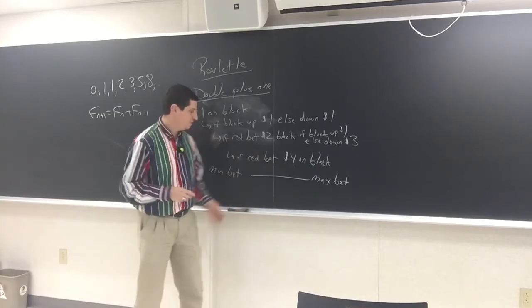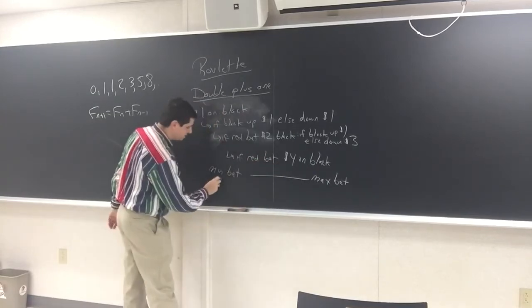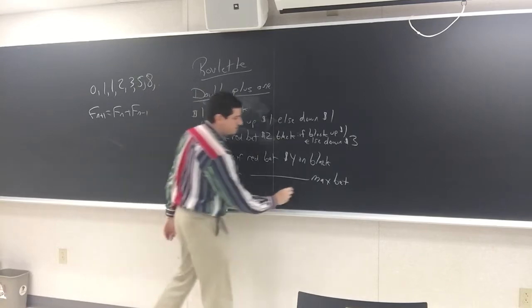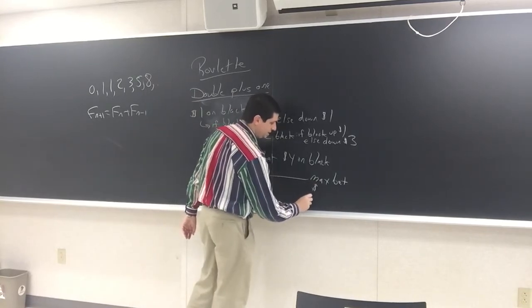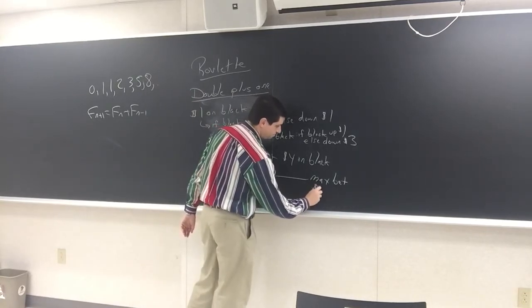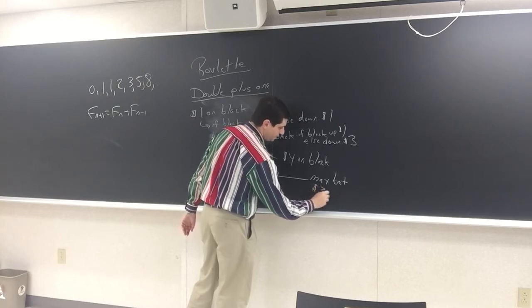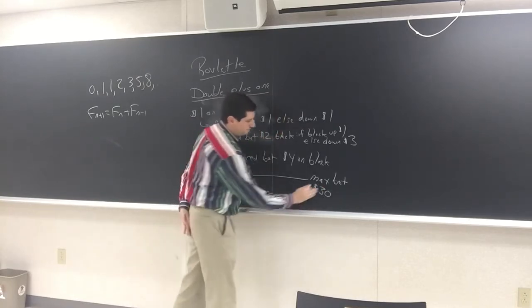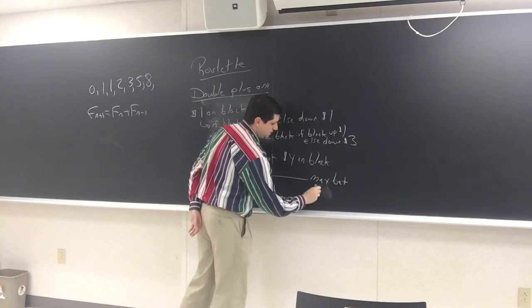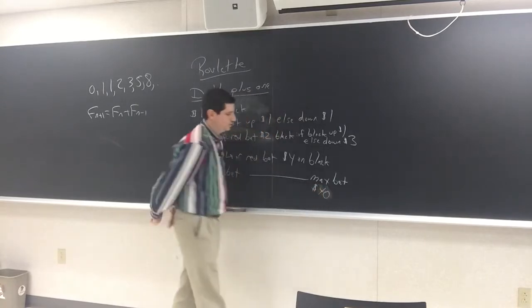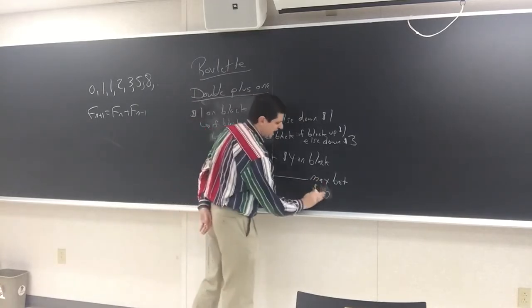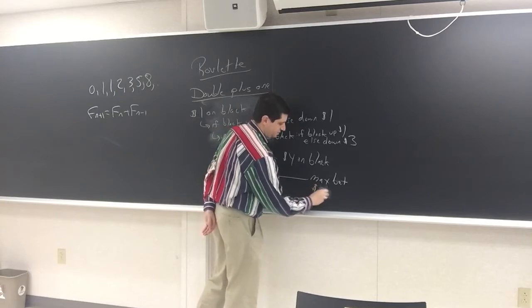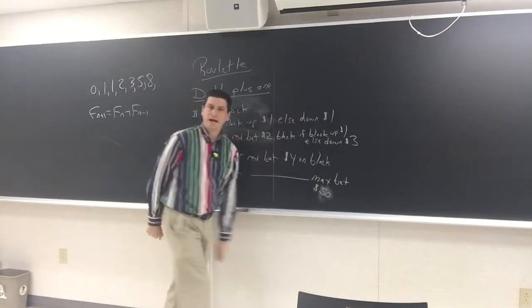Imagine there's a maximum limit. Maybe the minimum bet at our table is $1, and maybe the maximum is $30. Well, let's say $40. Let's make it even higher. Let's make it $50. So let's see what would happen.